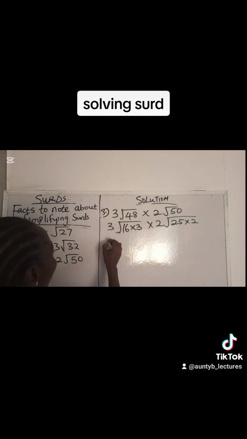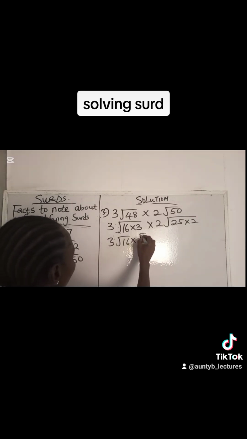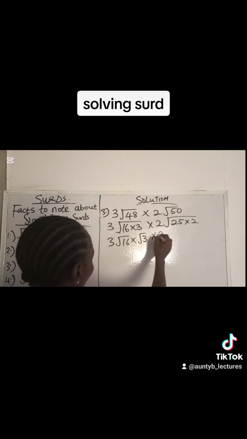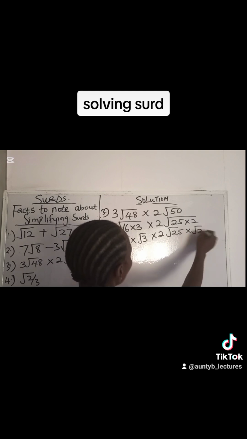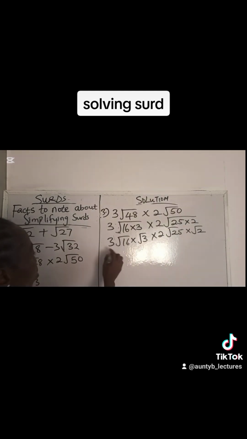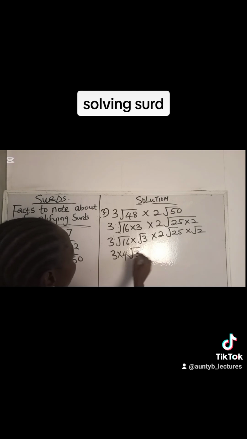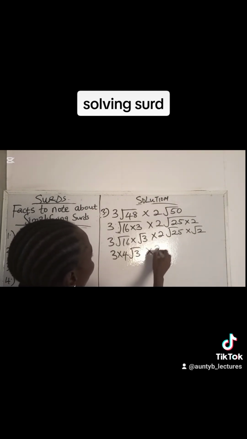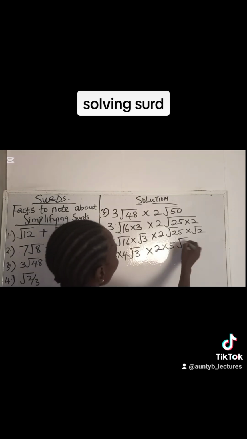Now we have 3 root 16 times root 3 times 2 root 25 times root 2. The square root of 16 is 4, so 3 times 4 root 3. What is root 25? The square root of 25 is 5, so 2 times 5 root 2.